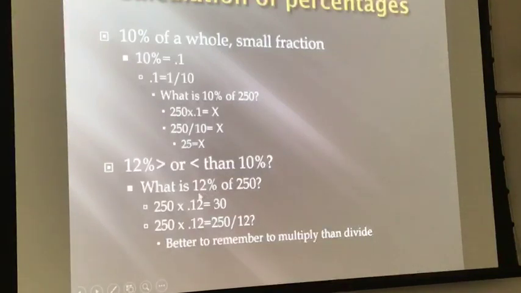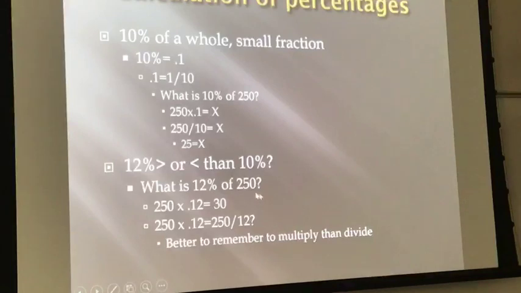So 12% of 250 would work out the same way, either way that you want to do it. Either 250 times 0.12 will give you 30. 250 times 0.12 is the same as 250 divided by 12. Or is not necessarily the same thing. What would you get if you divided 250 by 12? Probably not 30. No, you get 20, right?